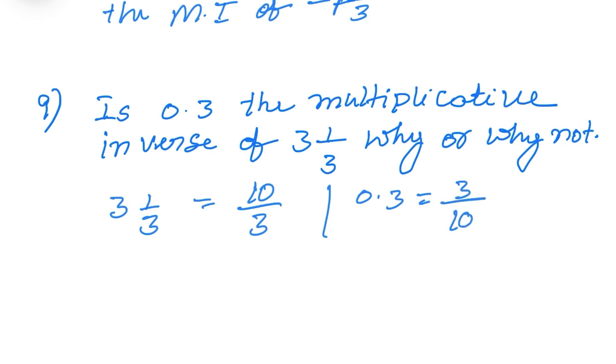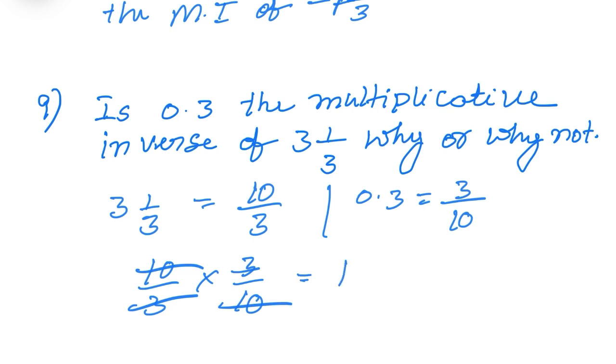Take 3, after point there is one digit, so keep 1 0, that is, after 1 you keep 1 0, to turn this decimal into a rational number. Now let us see the product of these two. 10 by 3 into 3 by 10. 10 get cancelled, 3 get cancelled. The result is 1. The result is multiplicative identity.